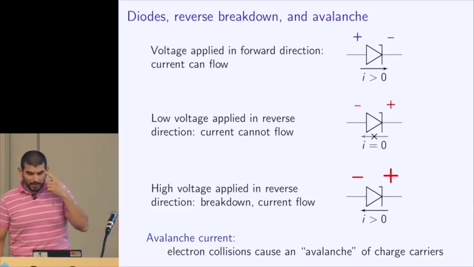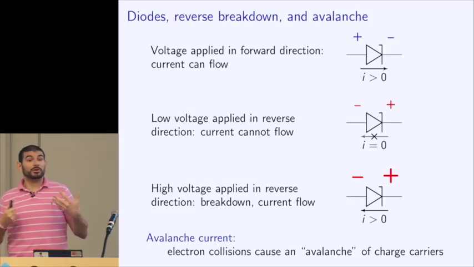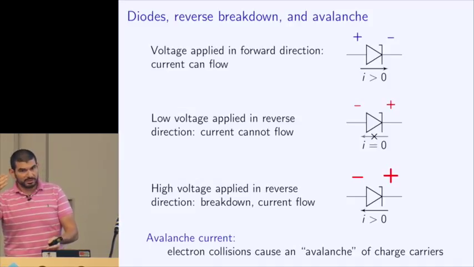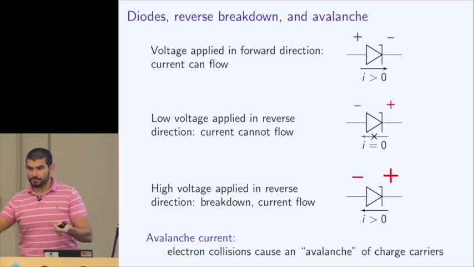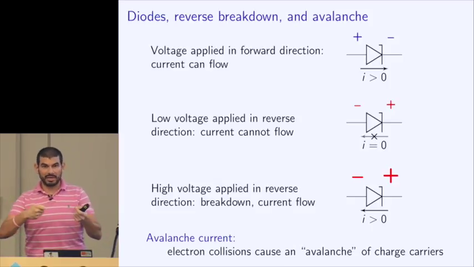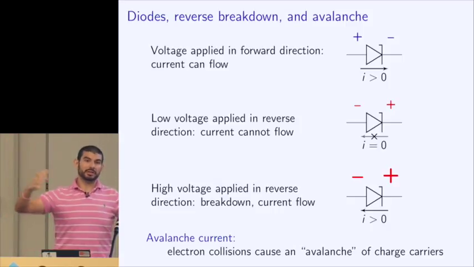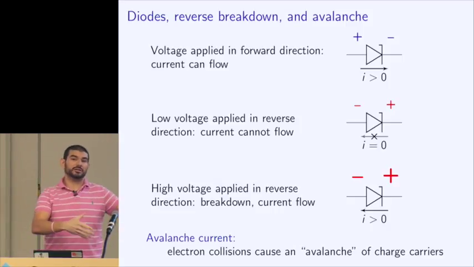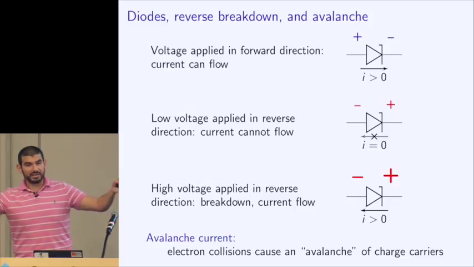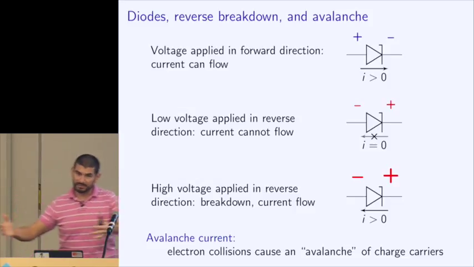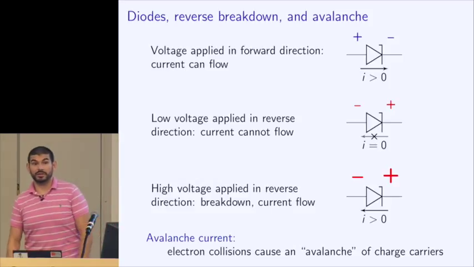In particular, what happens is we get this effect called avalanche current. When we put enough reverse bias across the diode, there are these very energetic electrons that are trying to fly through the diode, and they're gonna smash into other electrons. And when they do, those electrons are gonna be excited, and they're gonna smash into other electrons. After we get enough excited electrons, there are a bunch of charge carriers floating around in the diode, and they can conduct current. So this is how the avalanche effect works.